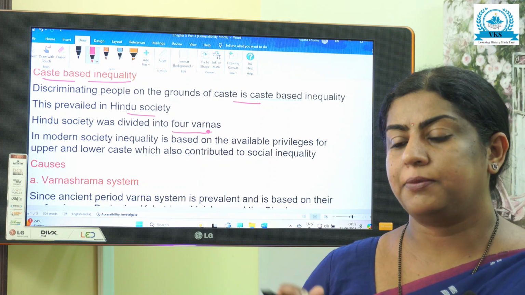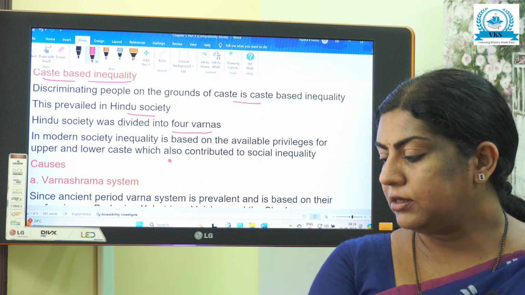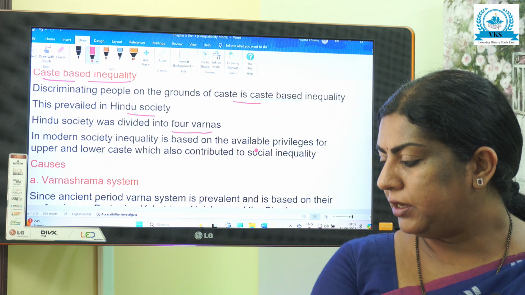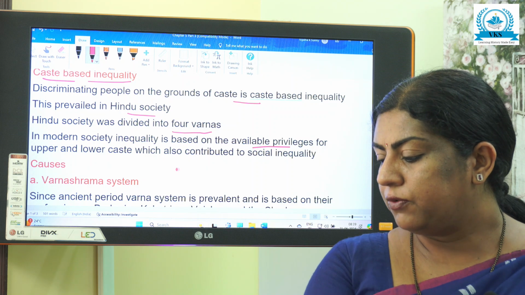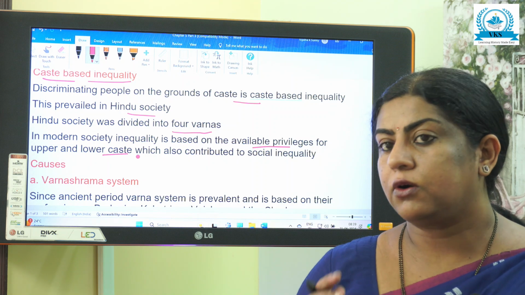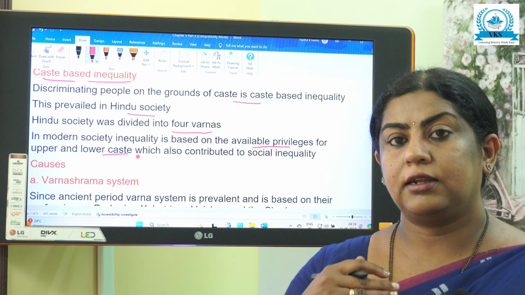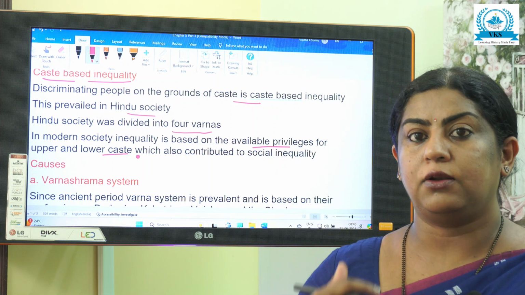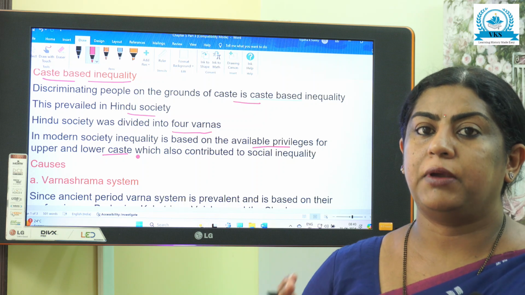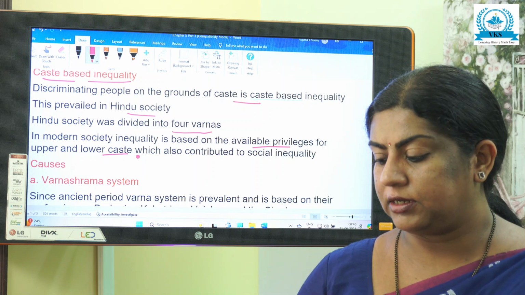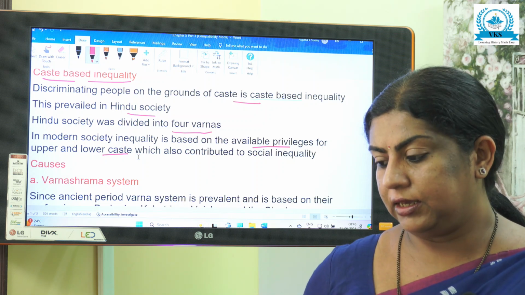So this is caste-based inequality. In modern society, inequality is also based on the privileges available to the upper and lower class, which contributes to social inequality.